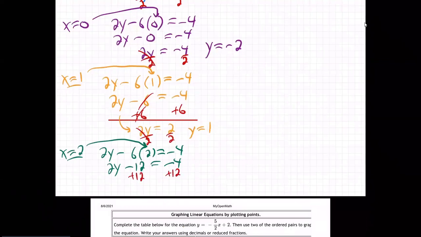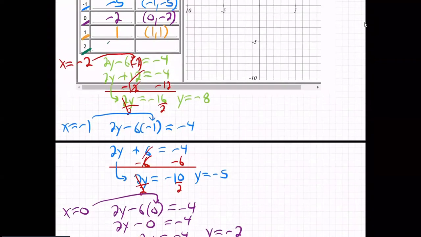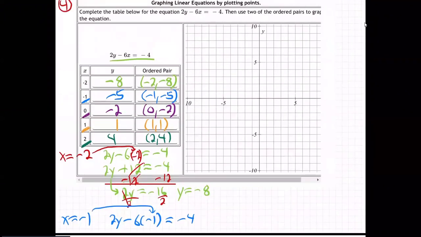Add 12 to both sides, and we get 2y equals, what's this? 12 minus 4 is 8. The last step, divide by 2. Cancels. So y is 4, and that's the point (2, 4). Okay, so we finished the table.